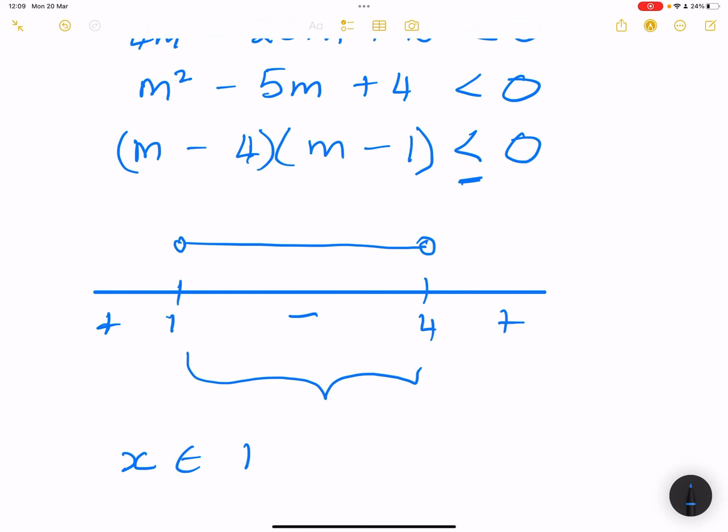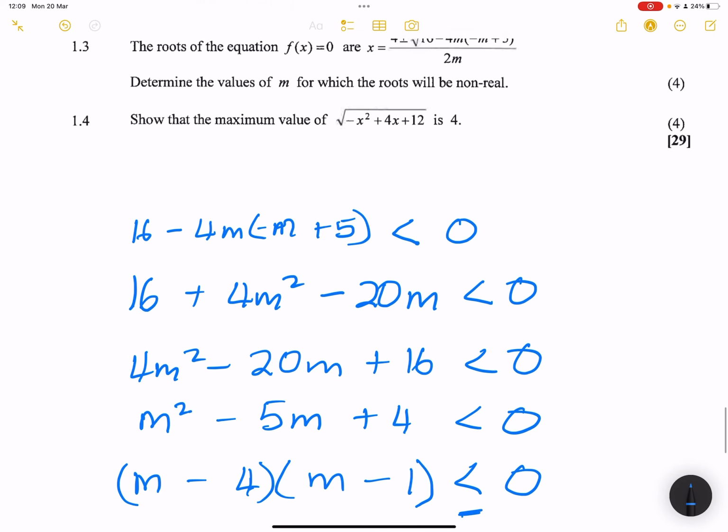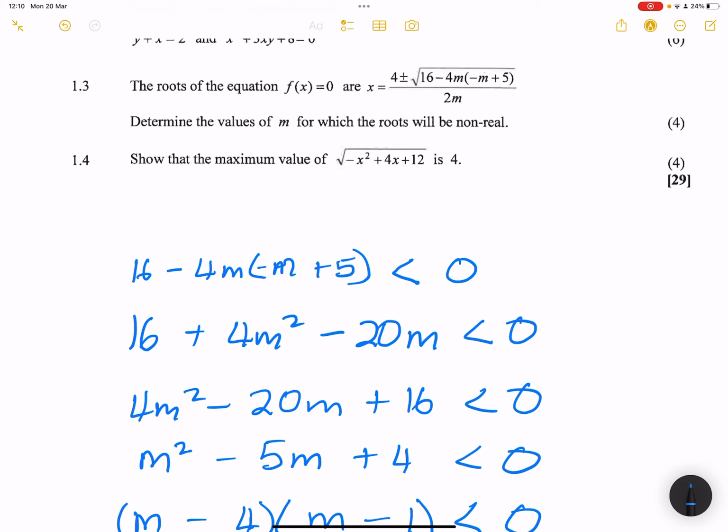If you haven't watched our video on inequalities, please do yourself that favor. Actually, quadratic inequalities, not linear ones. So m would be an element of 1 to 4, and both values would be excluded. I hope that makes sense, ladies and gents. That is how we would get non-real roots from that expression.